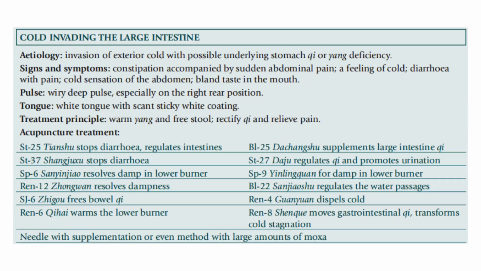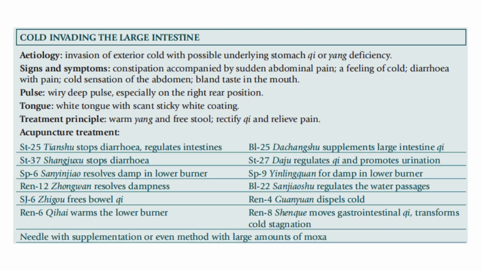Acupuncture treatment: stomach 25 will stop the diarrhea, regulate intestines. Stomach 35 will stop the diarrhea. Spleen 6 resolves damp in the lower burner. REN 12 resolves dampness. Sanjiao 6 frees the bowel qi. REN 6 warms the lower burner. Bladder 25 supplements the large intestine qi.